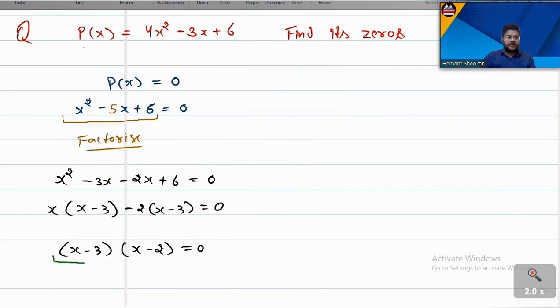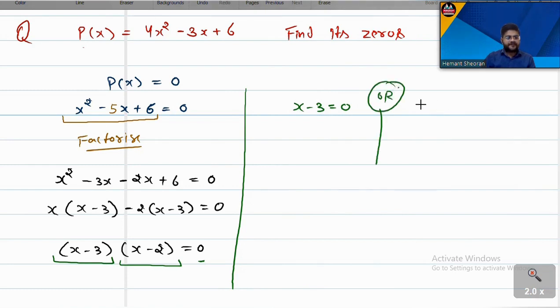Now look at it. The product of these two brackets is giving you a 0. So one of them has to be 0. That's how we find the zeros, okay? So either x minus 3 is equal to 0, or x minus 2 is equal to 0. If this one is 0, the value for x is 3.